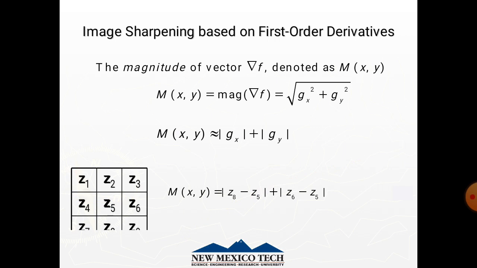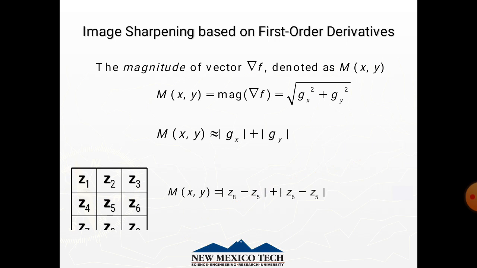As indicated in section 3.6.1, the simplest approximations to first order derivatives that satisfy the conditions stated in that section are gx equals z8 minus z5 and gy equals z6 minus z5.